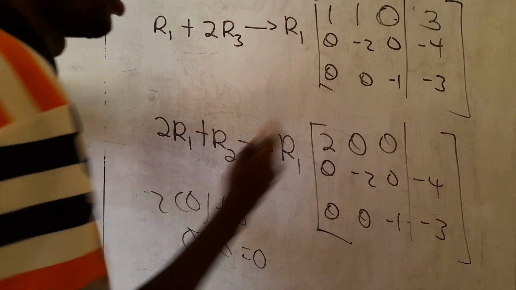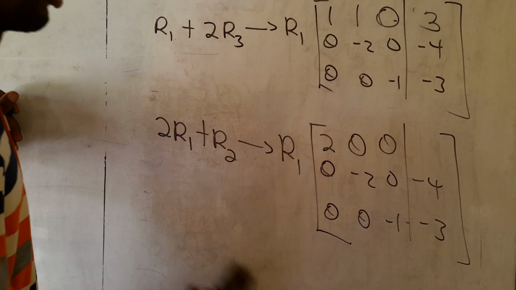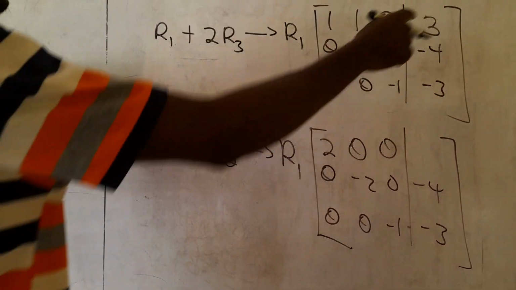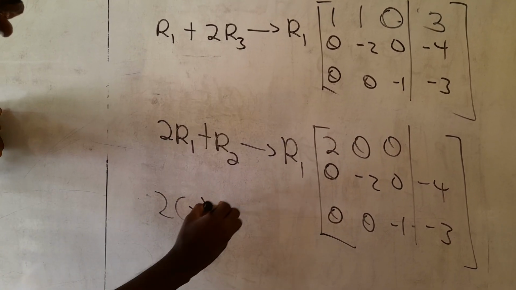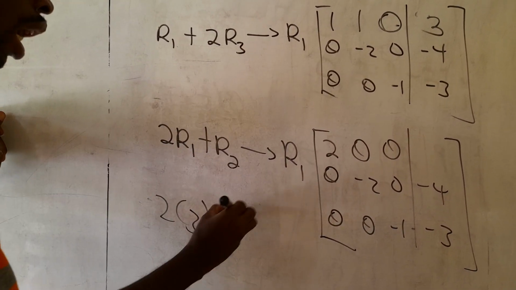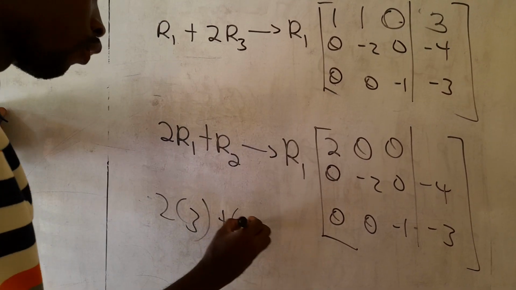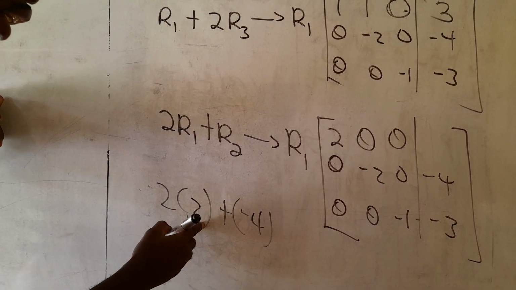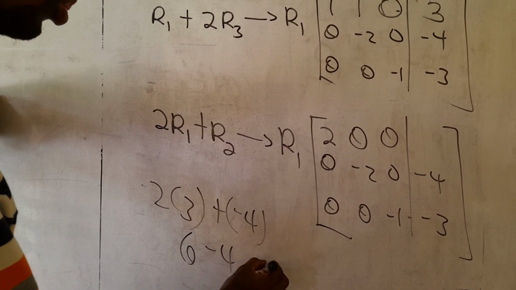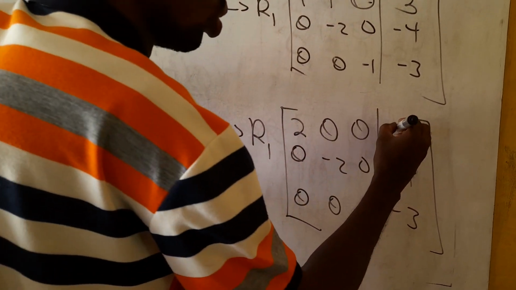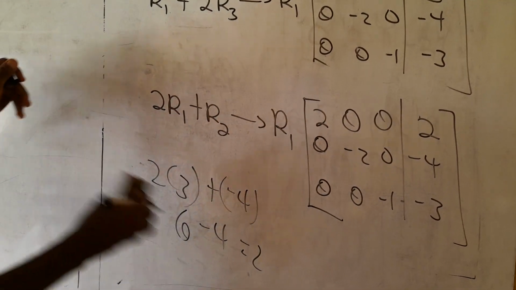So you have 0 there. Now this against that. What's our R1 there? It is 3, plus our R2. R2 is negative 4. 2 times 3 is 6. 6 minus 4 is 2. So 2 here as well.